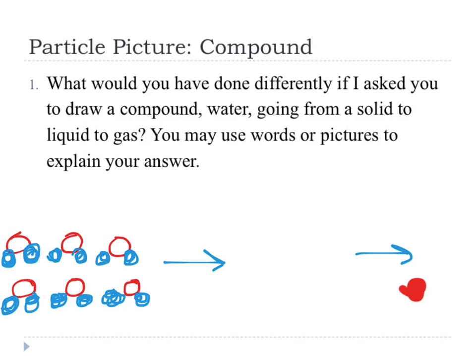What we're going to end with today is take a look at some pictures, and I'm going to call on desk numbers, and we are going to classify some particles as either solid, liquid, gas, and then as element, compound, or mixture of elements, compounds, or both.